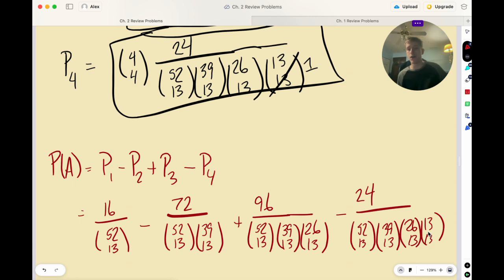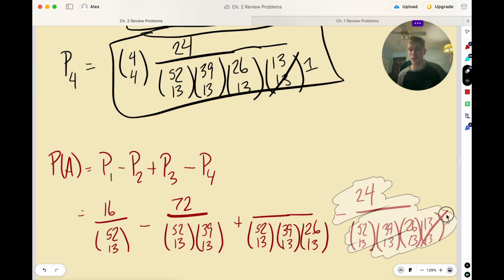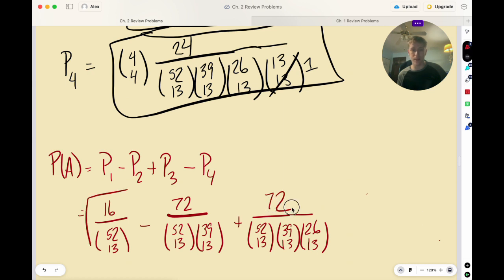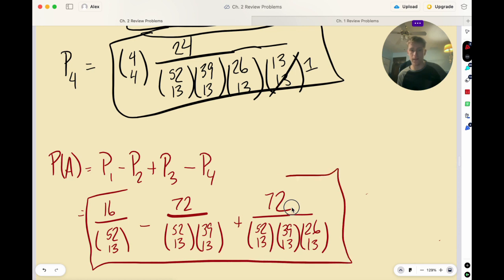But 13 choose 13 is 1, which means I can actually just combine these and write them as a single term. 96 minus 24, that's 72. So I'm just going to combine these so I don't have to write this again. That's what I get. That is my exact answer.